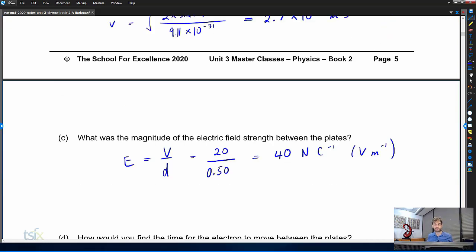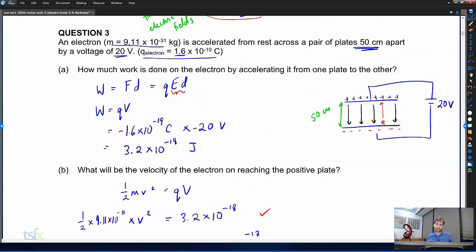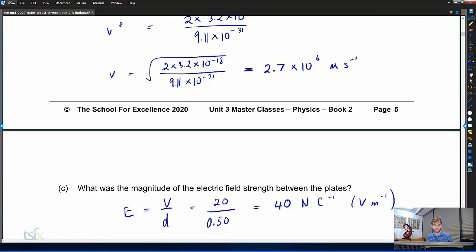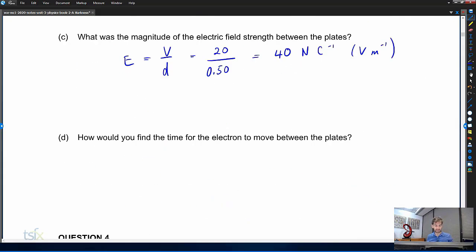So this is a really nice question because it's combining different content from different areas of study. What this question is relying on is you to recognize that in the situation we're describing, we have a uniform electric field.